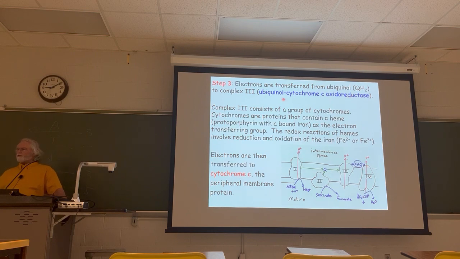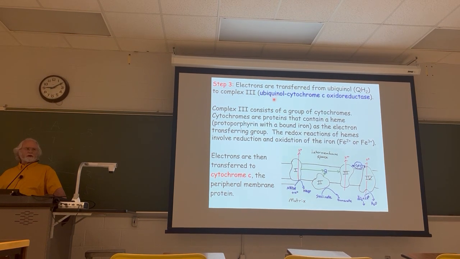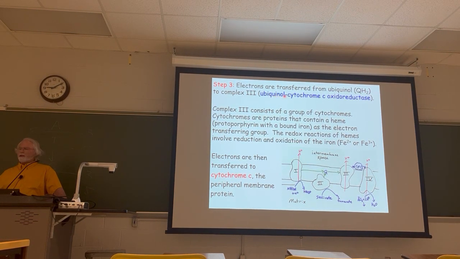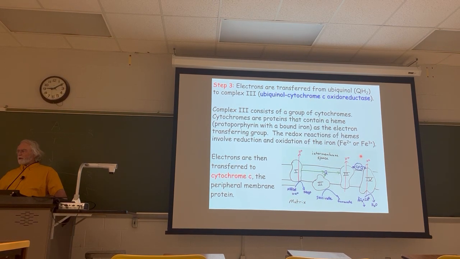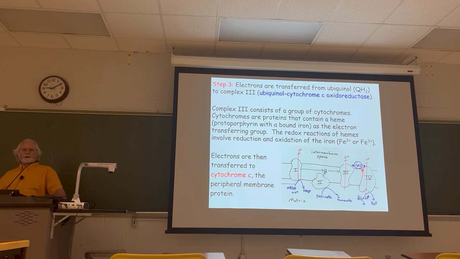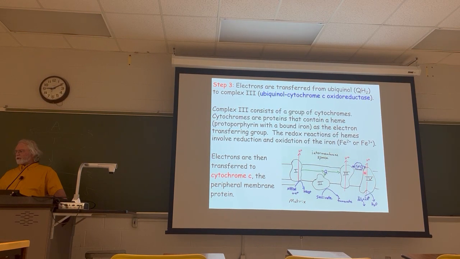Okay, complex 3's name is ubiquinol cytochrome C oxidoreductase. So it's taking electrons from ubiquinol, donating them to cytochrome C, which is this small peripheral membrane protein. Cytochrome C can move along the surface of the membrane, and then it's going to be able to donate the electrons to complex 4.